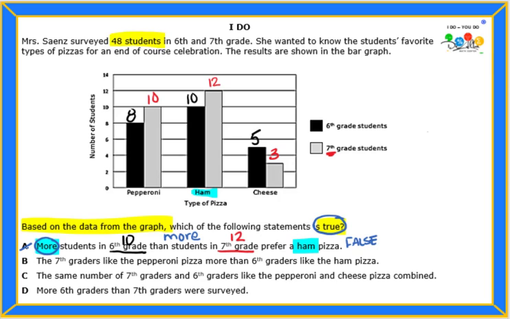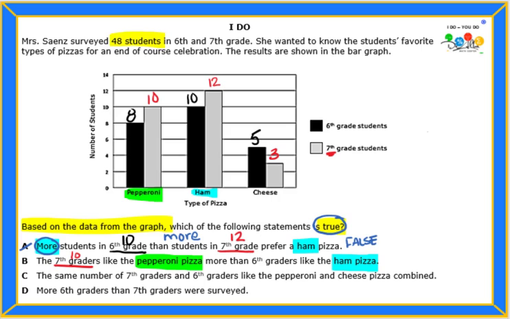Now let's look at our second statement. The 7th graders like the pepperoni pizza more than the 6th graders like the ham pizza. For the pepperoni pizza, we want to look at the 7th graders. 7th graders for pepperoni, that's 10.